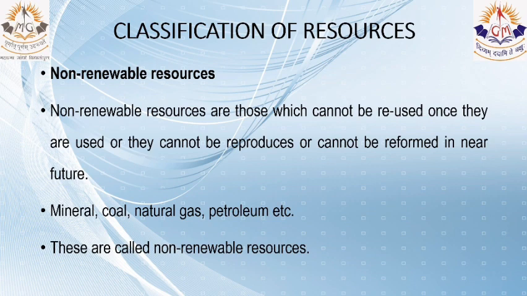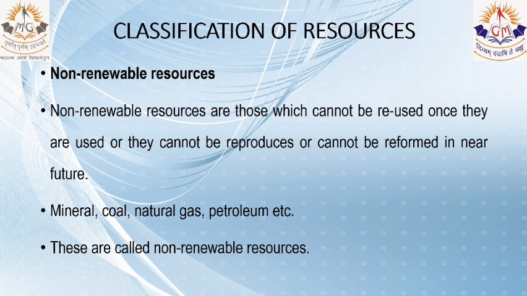Now, once we use them, when coal is burnt, it is turned into ashes. That ashes cannot be renewed as coal, or we cannot make the coal by ourselves, or we cannot make petroleum by ourselves. So that comes under the category of non-renewable or exhaustible resources.